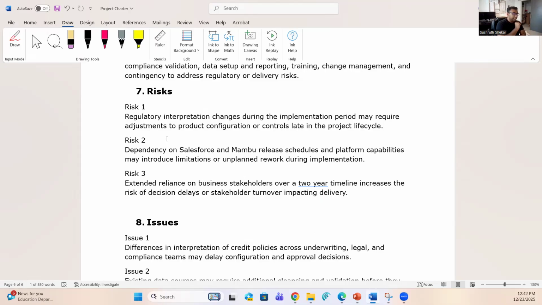So second one is dependency on Salesforce and Mambu release schedule and platform capabilities may introduce limitations or unplanned rework during implementation. So meaning we are dependent on Salesforce and Mambu stakeholders and their capabilities, the Salesforce capability and Mambu capability might have limitations.